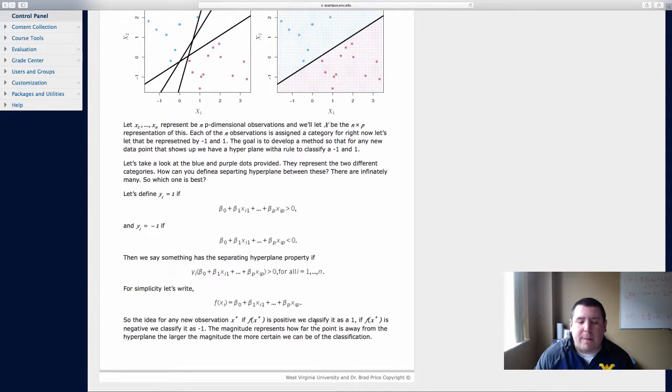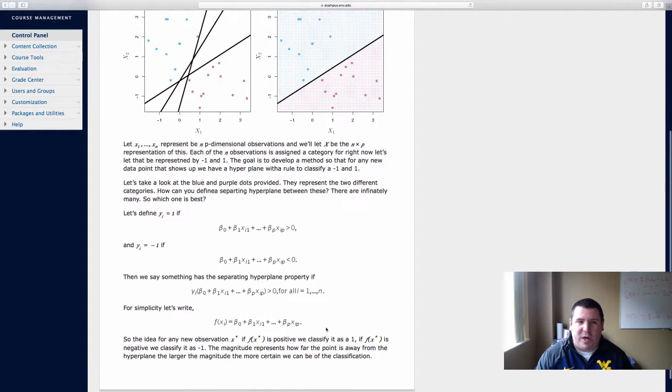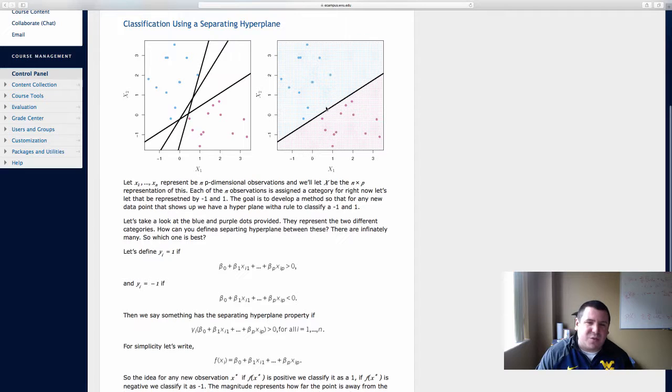The magnitude represents how far away the point is from the hyperplane. The larger the magnitude, the more certain we are of the classification. So something that's really small, really close to 0, we know is close to the hyperplane. But if it's like -300, we're going to say it's far away from the hyperplane, and we're fairly certain of the prediction. What this shows is the closer it is to 0, the smaller the change. So think of it as sort of log odds, right?